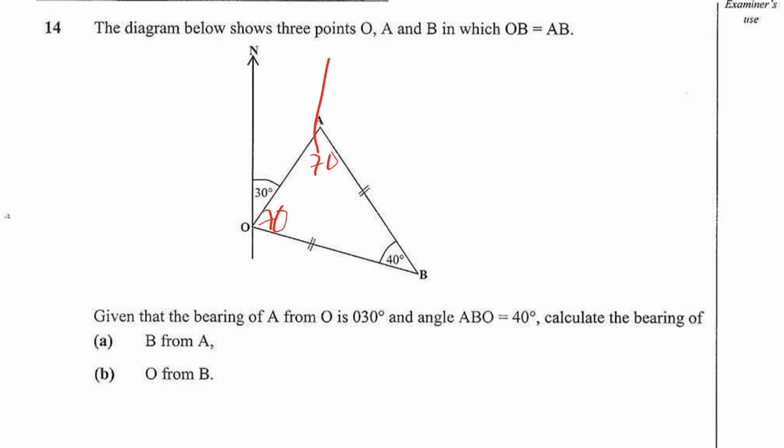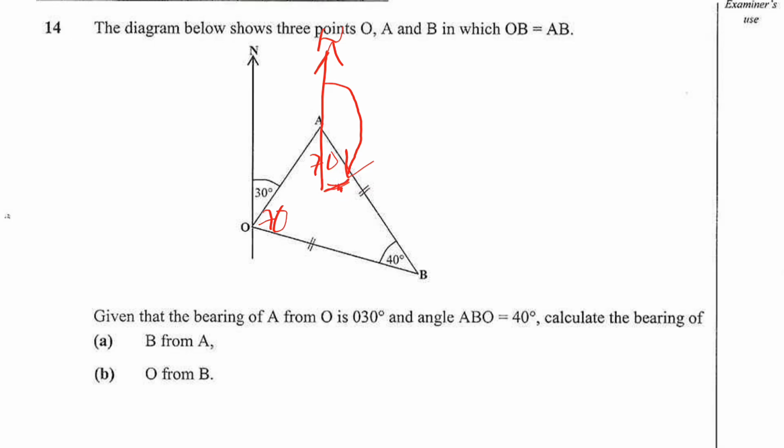Now you have a straight line. Just draw it nicely. Then we need this angle, this bearing. How can you do that? To do that, we also need just this part here.